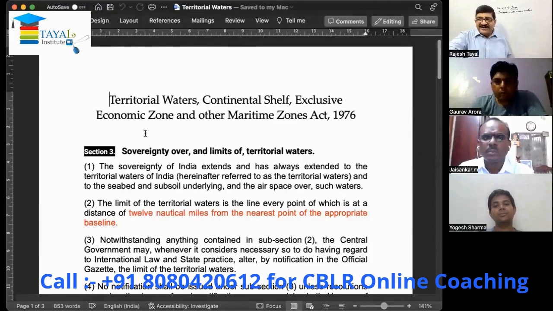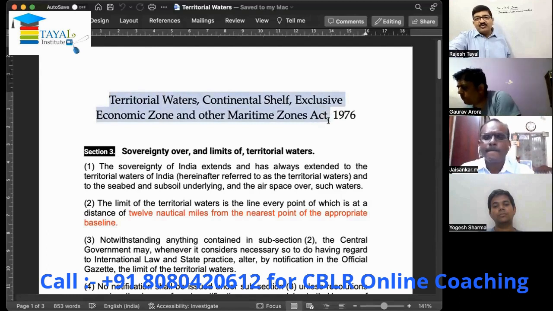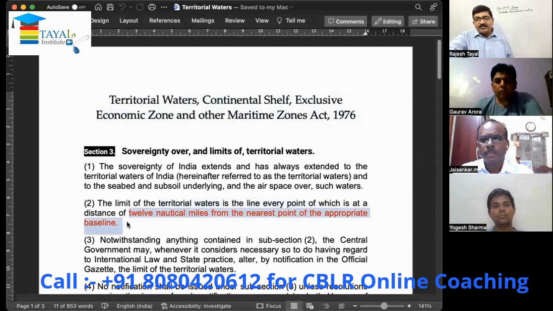Under Section 3 of the Territorial Waters, Continental Shelf, Exclusive Economic Zone and other Maritime Zones Act, 1976, the limit of territorial waters is the line every point of which is at a distance of 12 nautical miles from the nearest point of the appropriate baseline.